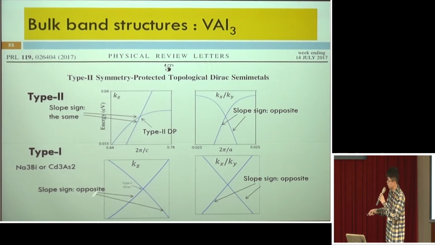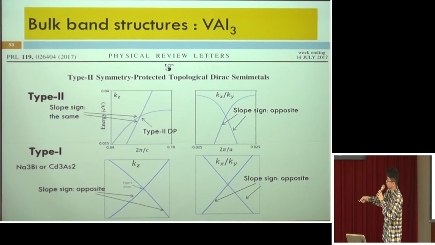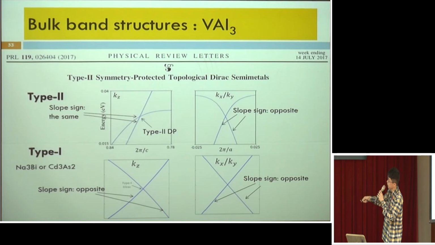This is a normal Dirac semi-metal, where we can see the slope sides of the cone are upright in the Kx, Ky, and Kz directions. But in our system, the slopes are upright along Kx and Ky, but along the rotational axis the slopes are on the same side. So this is a type 2 feature.